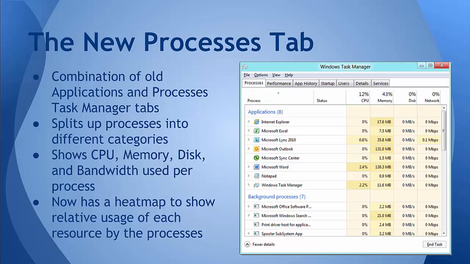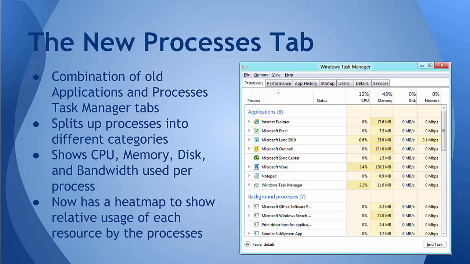To start, the new Task Manager separates the various applications and processes up by type, such as apps, background processes, and Windows processes. As well, the new Processes tab shows not only the CPU usage and memory usage, but also disk and network usage.